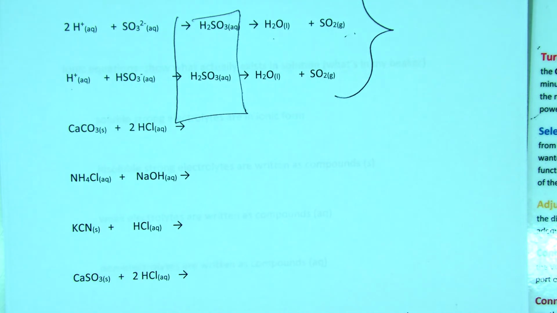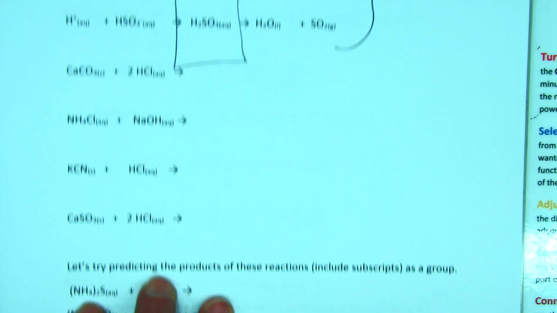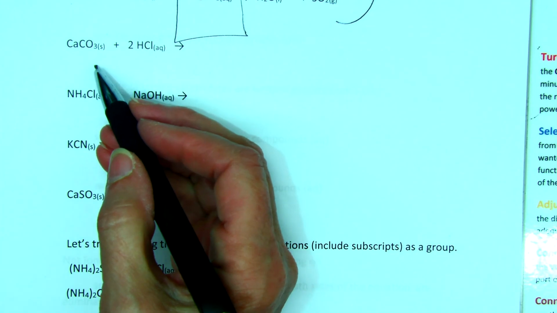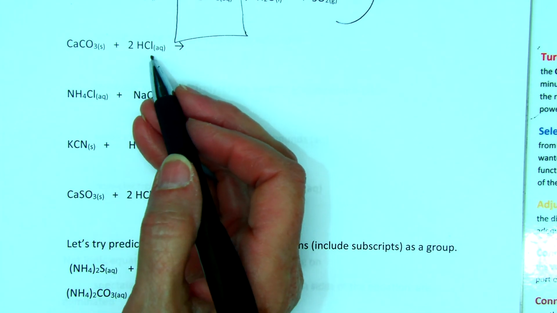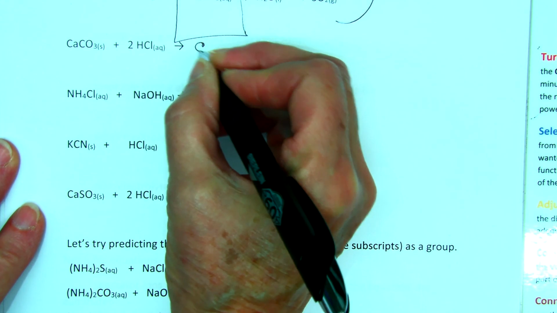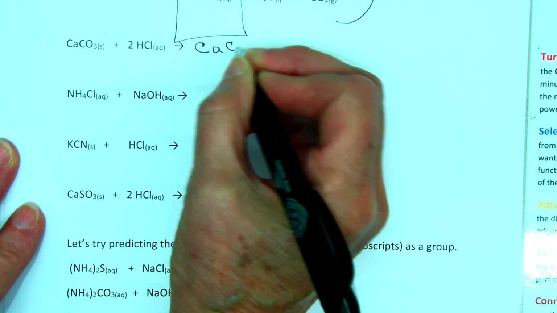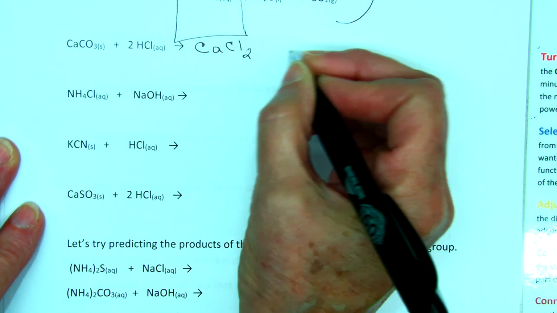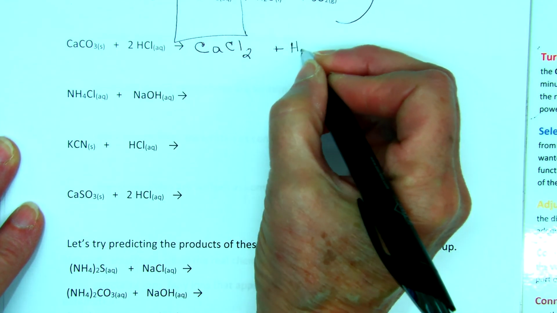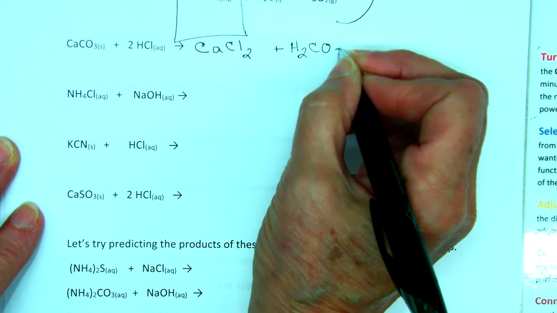So now let's look at some examples. Okay, we have some examples of double replacement where we make a gas. So we have calcium carbonate reacting with hydrochloric acid. We trade partners. Calcium hooks up with chloride, CaCl2. Hydrogen hooks up with carbonate, H2CO3.